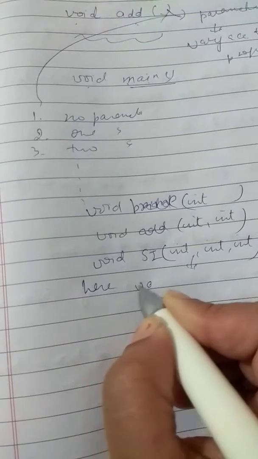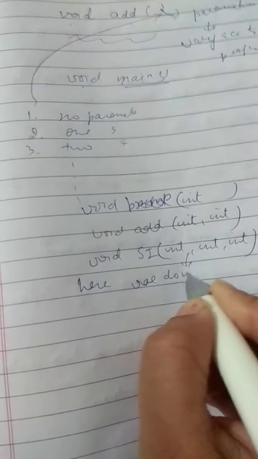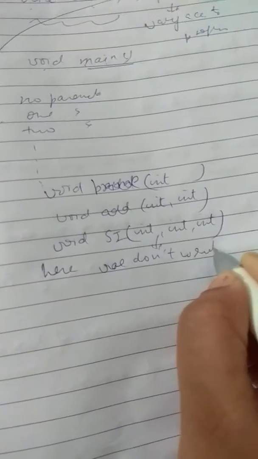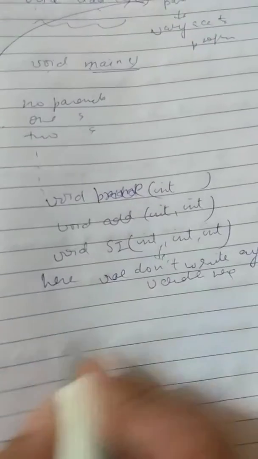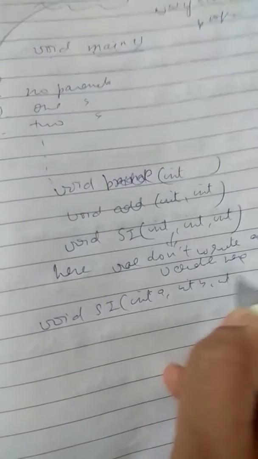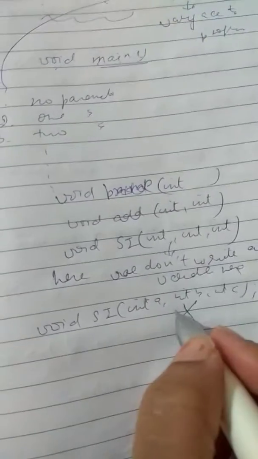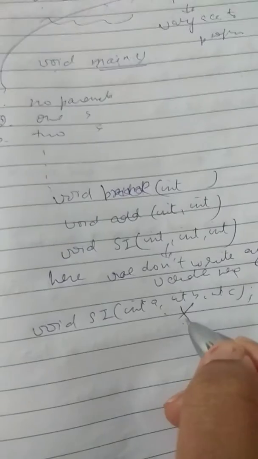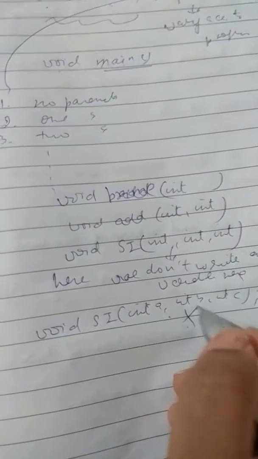Here we never write any variable name, like void si int a, int b, int c. This is an invalid declaration. This is valid in function definition but not in declaration.